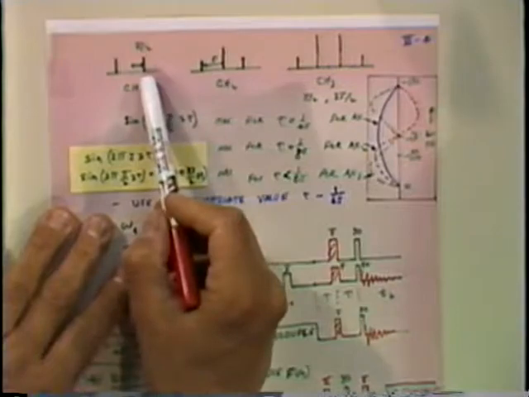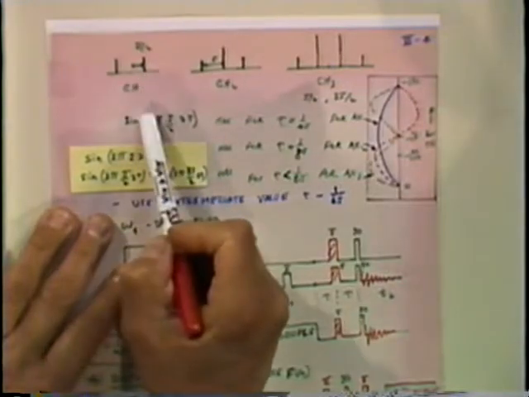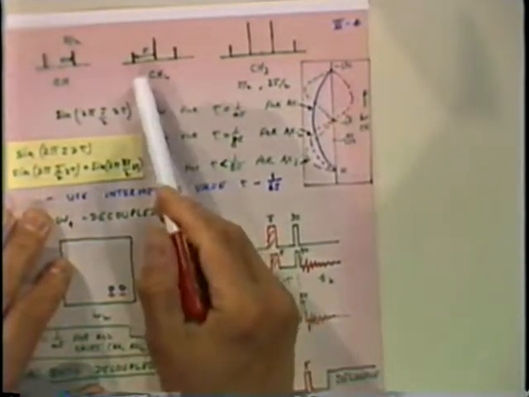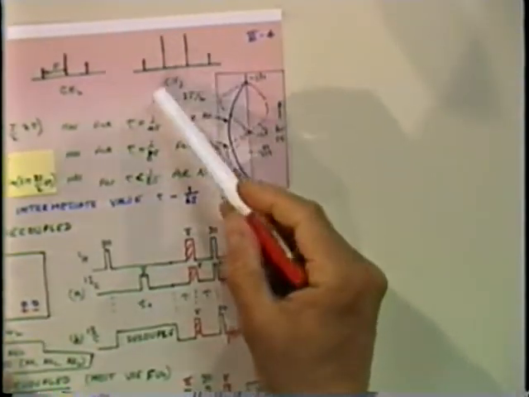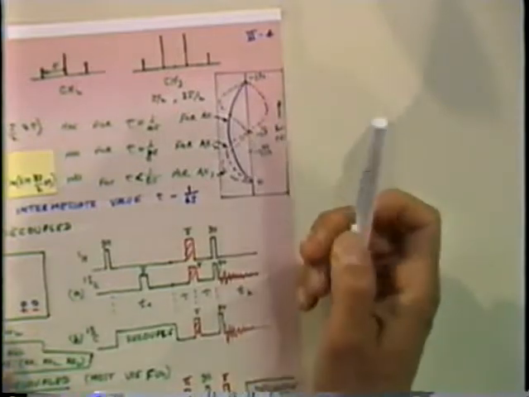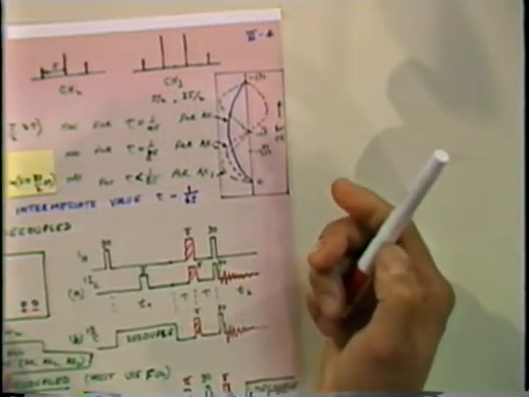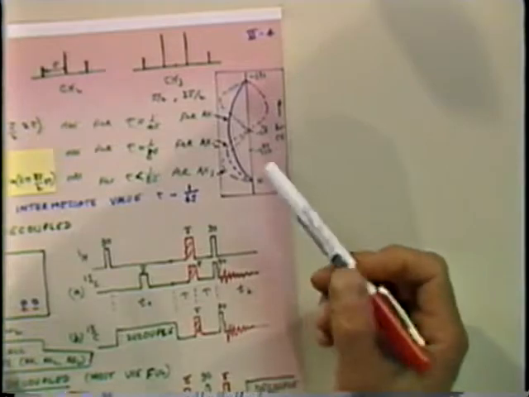For example, in a doublet case, in CH case, they are plus minus half J. In CH2, there are two transitions at 0 frequency and 2 at plus J and minus J. And CH3 has transitions at plus minus half J and plus minus 3 by 2 J. Therefore, the frequencies in your precession of these magnetizations are half J, J, half J, and 3 by 2 J.